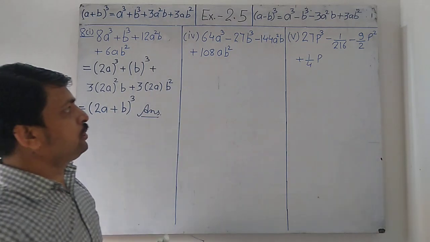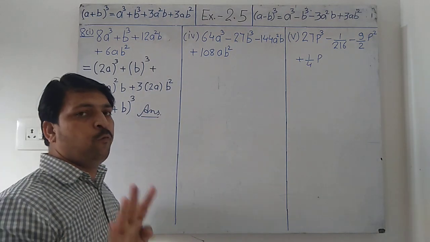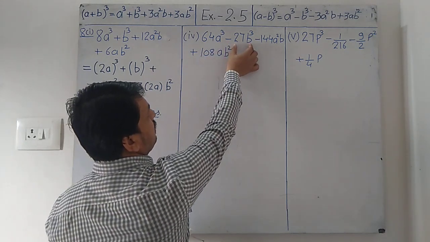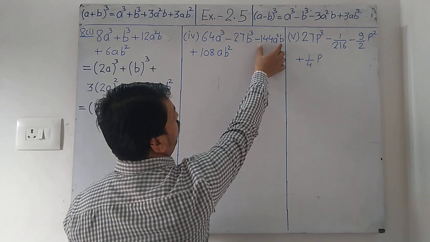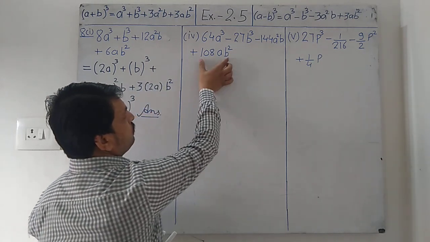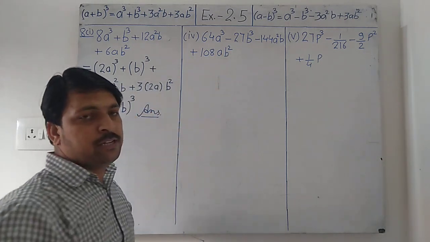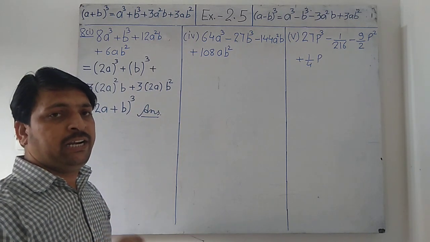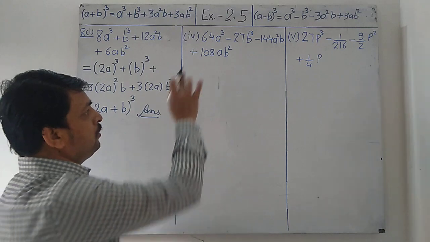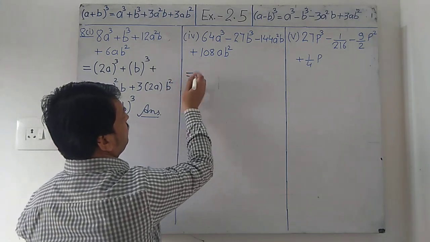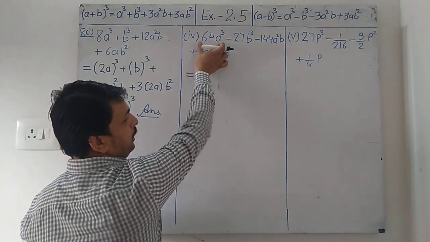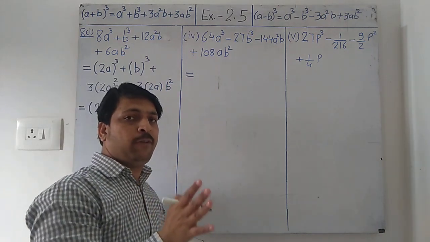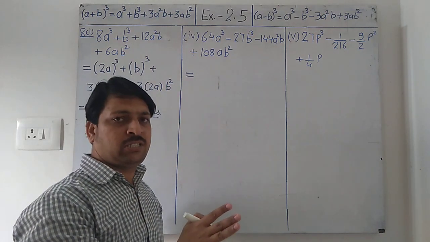Now in the second question, again we are given four terms: 64a cube minus 27b cube minus 144a square b plus 108ab square. Again we will identify two cubic terms. 64 is the cube of 4, because 4 times 4 times 4 is 64.